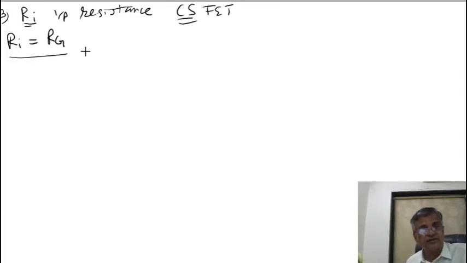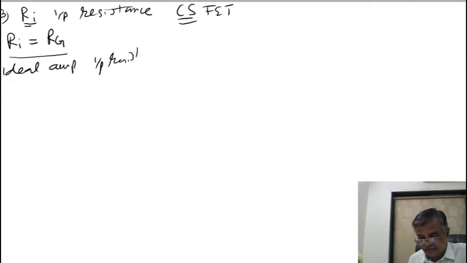Now you have studied that for an ideal amplifier, the input resistance should be large. So you can increase the value of RG.